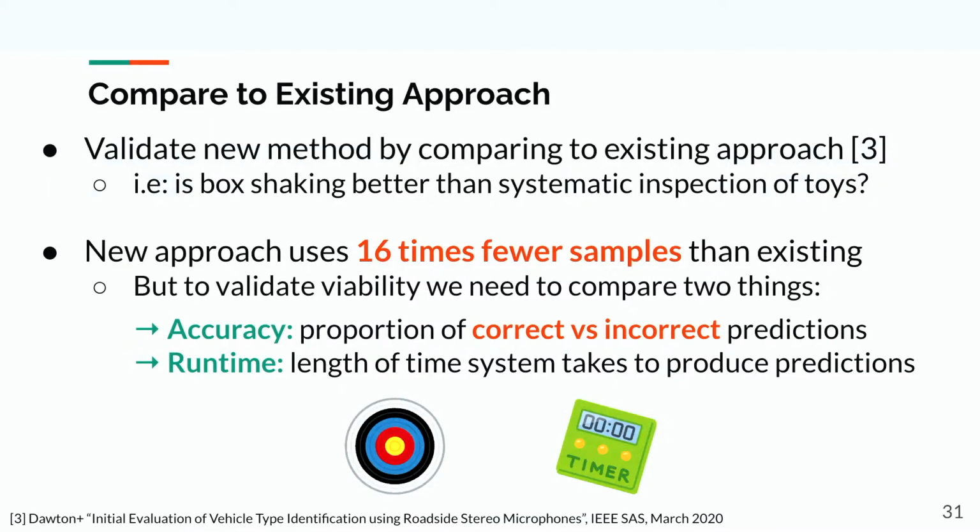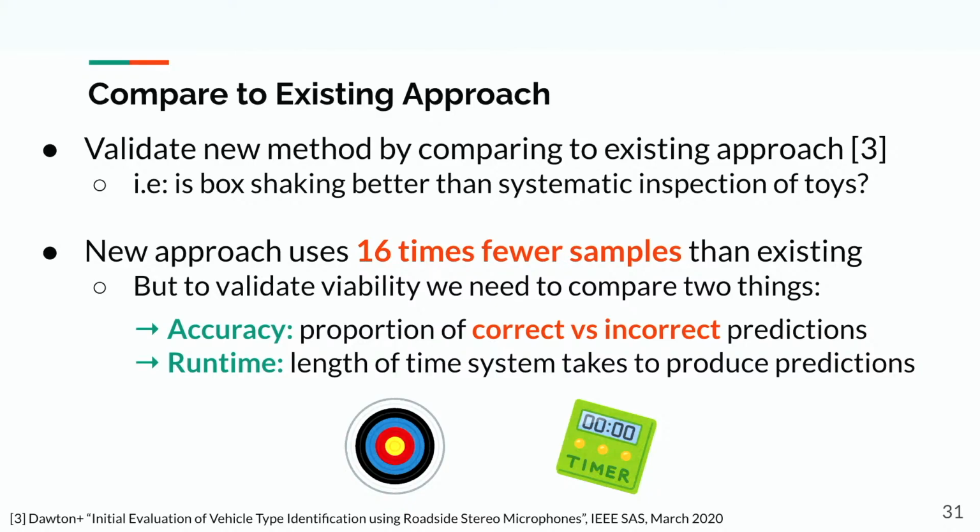So how do we check that this approach is actually useful? I mean, is it worth doing? Well, the best way to do that is to check it by comparing it to an existing method. So what we're checking is, is shaking our box better than just systematically taking every toy out of your toy box? Our new approach, we'll see, uses 16 times fewer samples than the existing approach. That's great, but to really check if it's a valid approach, we need to check two things.